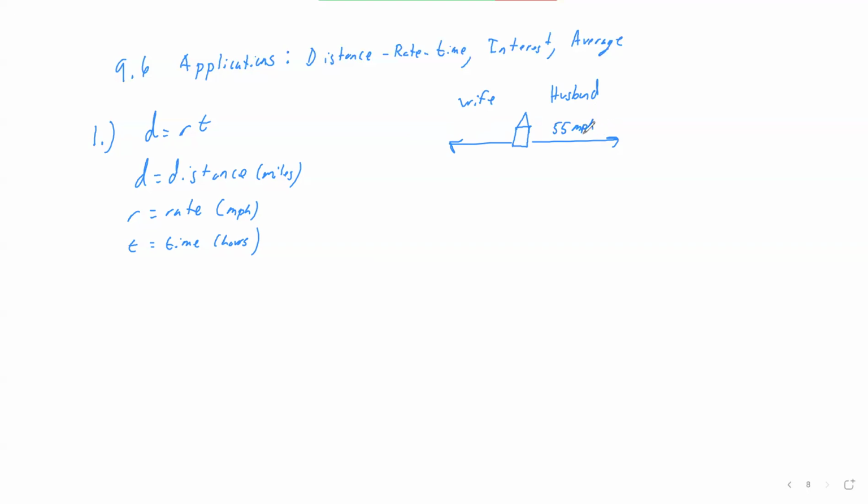So when you see this right here, the something per something, this is going to be your R. That's your rate. And the wife's speed is 60 miles per hour. So that would be her rate. When will they be 230 miles apart?